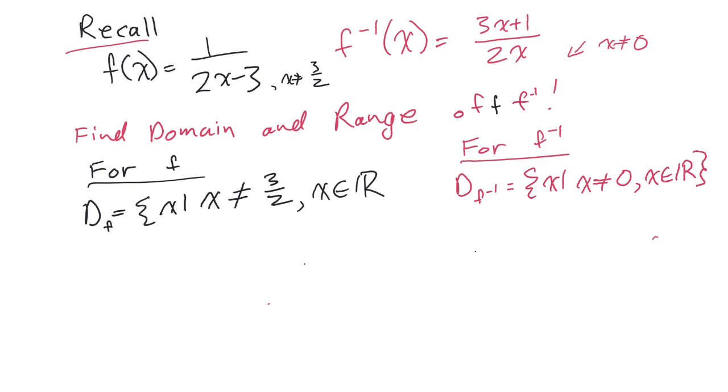If I want to find the range for f, if I found the domain of the inverse, then I can tell you that the domain of the inverse is the range. So the range of f is, instead of x, you're going to say y such that y is not equal to 0, y belonging to real numbers.